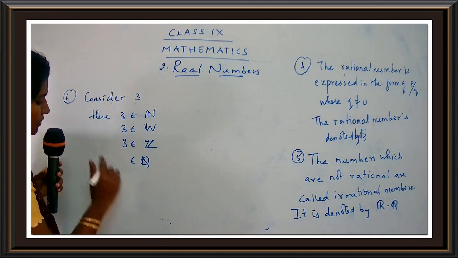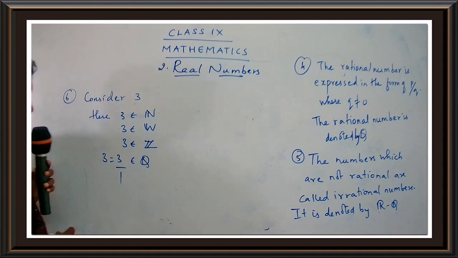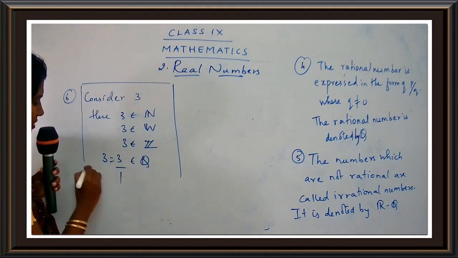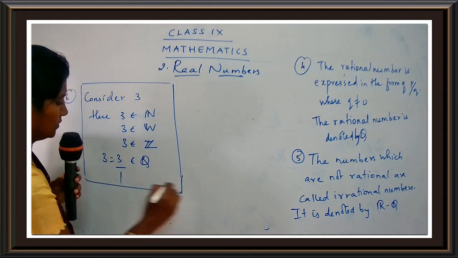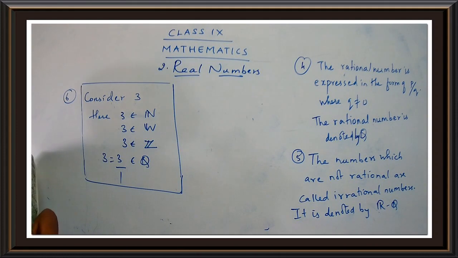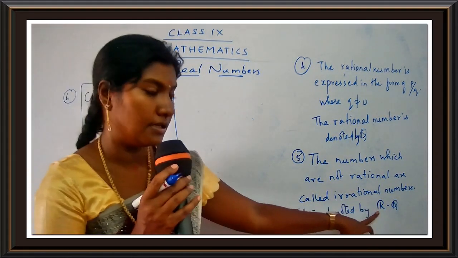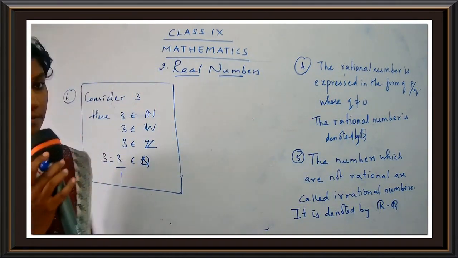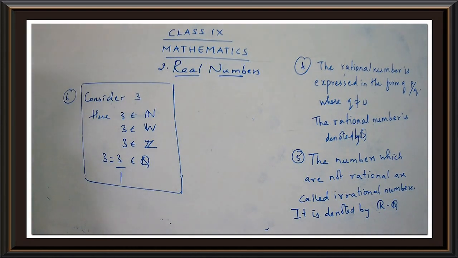That is, you write down 3 is equal to 3 upon 1 belongs to rational numbers. So you can understand all the things. So this is the set of rational numbers, and the numbers which are not rational we call irrational numbers, and R is the symbol for real numbers. Okay, the real numbers. Just take a small example.